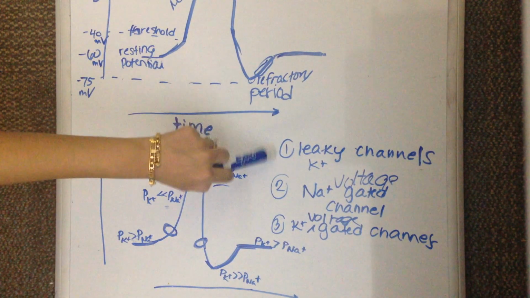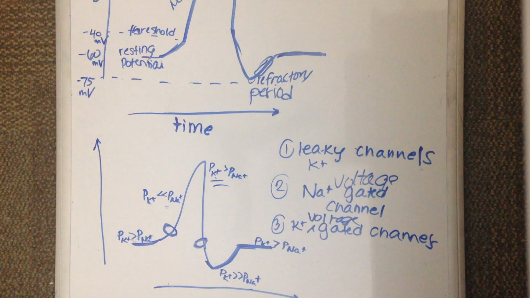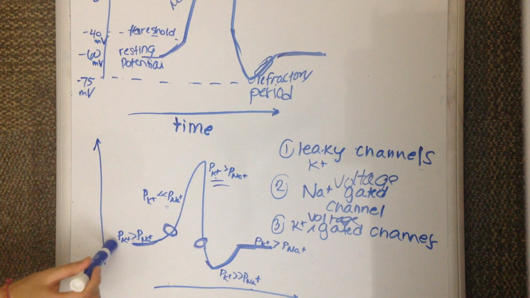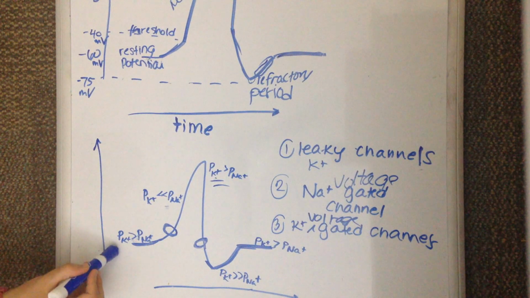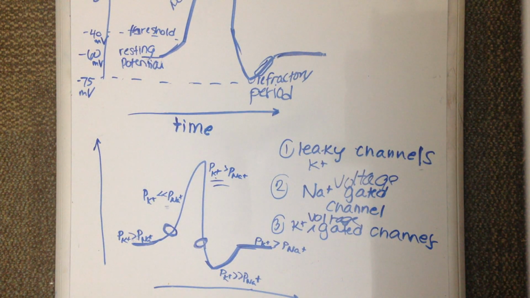The leaky channels are always open, always on, so always letting things go in and out. So at resting potential, the permeability of potassium channels is greater than the permeability of sodium channels. Now, what exactly does this all mean?